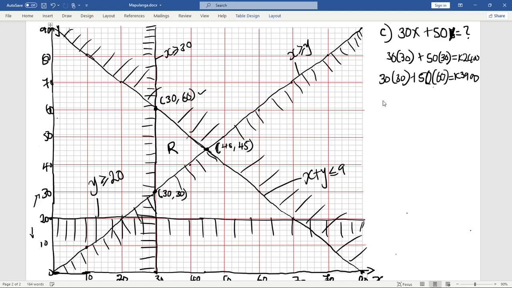And then we go to this part here where 30 multiplied by 45 plus 50 multiplied by 45. Sorry, this is supposed to be 50 there. So plus 50 multiplied by 45.